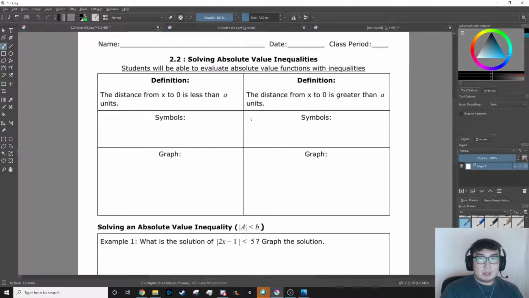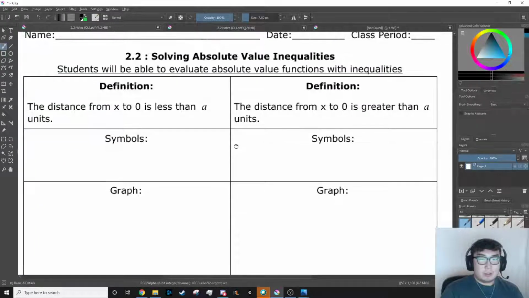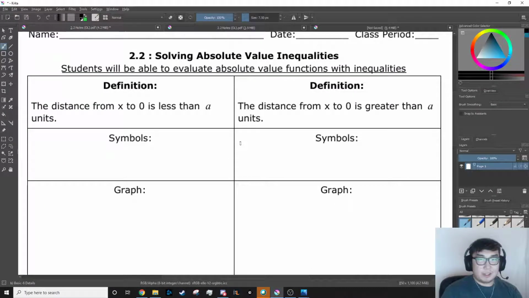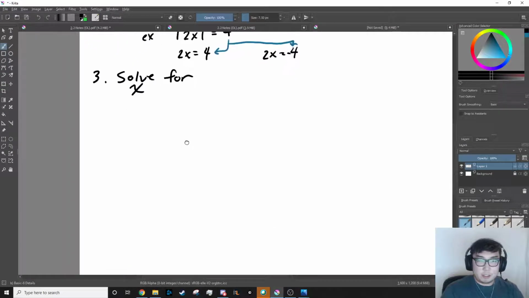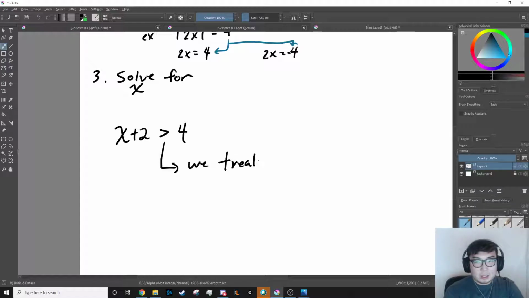So what we're talking about today, 2-2, is solving absolute value inequalities. Before we go over how to do that, we have to talk about inequalities in the first place. For example, if I say x plus 2 is greater than 4, we treat this symbol as an equal sign.